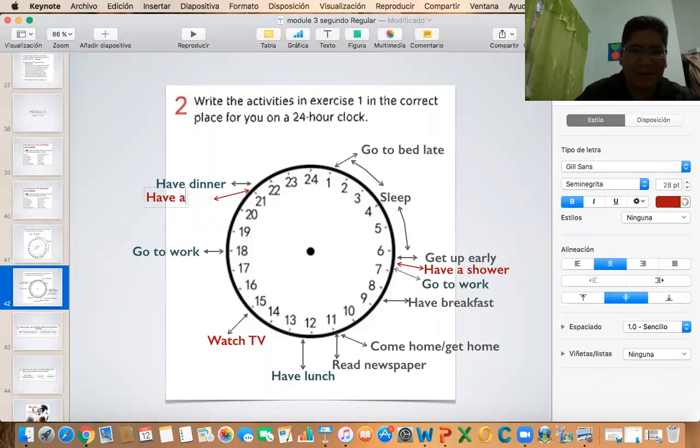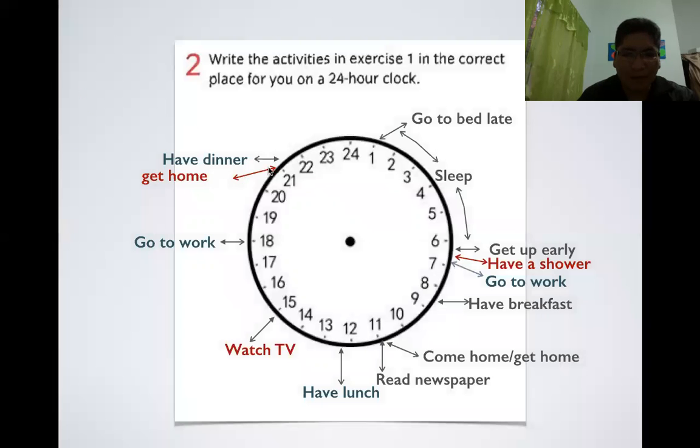And this is I get home. I get home at 9 o'clock, and at 9:10, I have dinner. And this is my time, my activities, my daily routine. What about you? What are your activities?